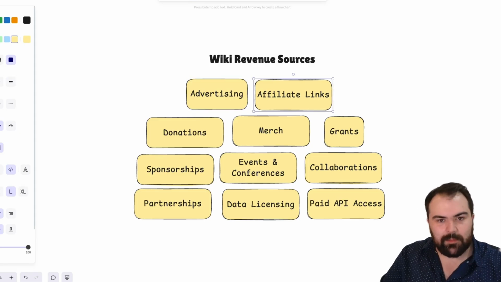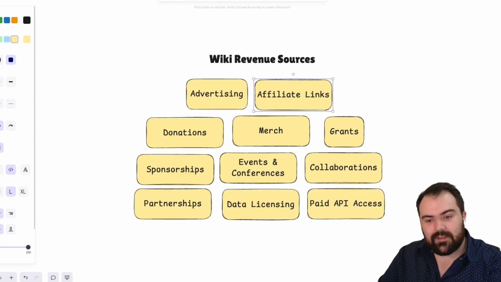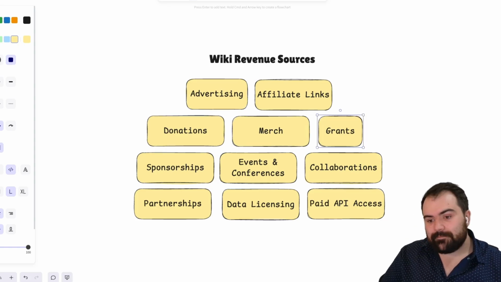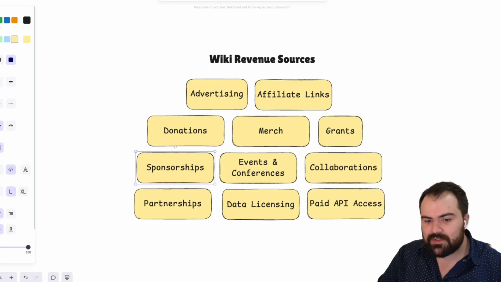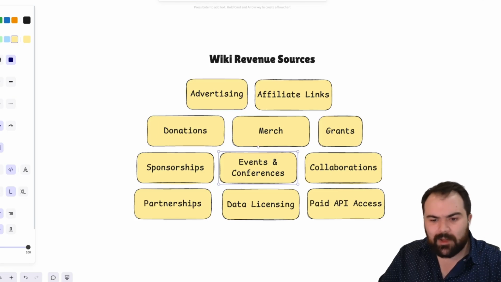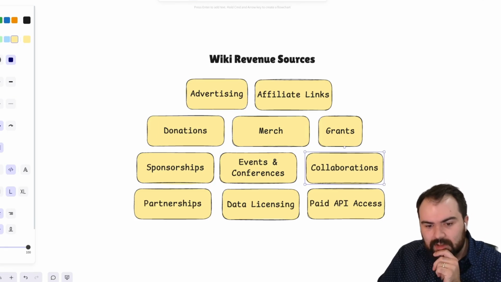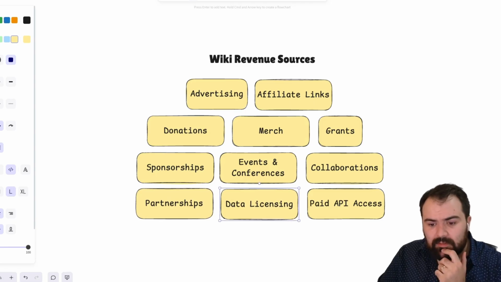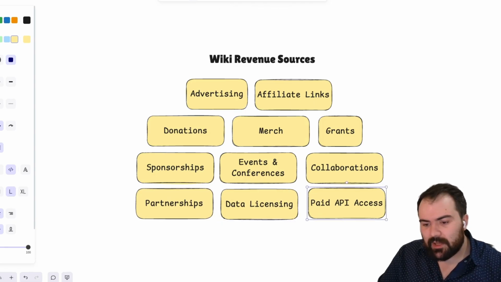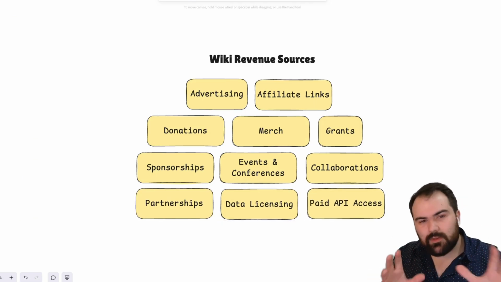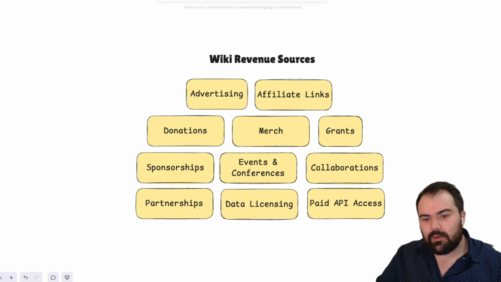You know, they can advertise something and get commission if they sell. Donations, merch, and there's grants available for building things like this. Additionally, there's sponsorships for running these wikis. There might be events or conferences associated with them or collaborations with other content creators. There's potentials for partnerships. There's data licensing opportunities, and then there's paid API access.